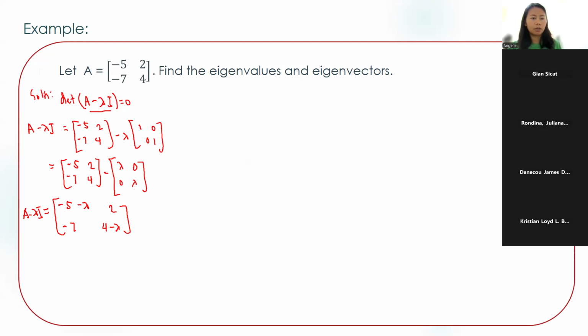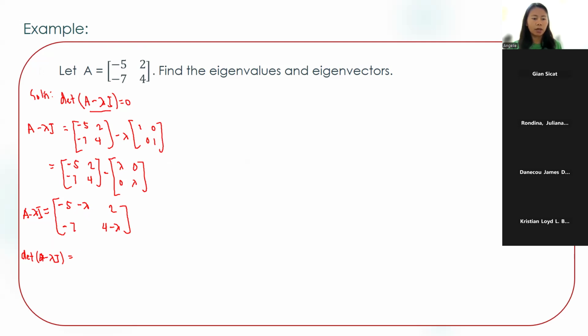Now, we are going to get the determinant of A minus lambda I. I hope you can still remember how to get the determinant. This is just a 2 by 2 matrix.